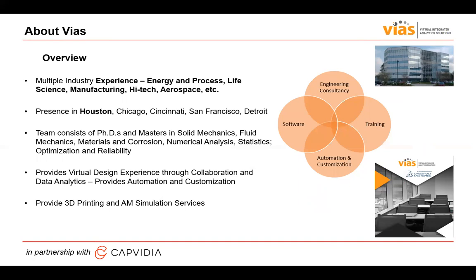We have a highly experienced team consisting of PhDs and masters in solid mechanics, fluid mechanics, materials and corrosion, numerical analysis, statistics, optimization, and reliability. We provide virtual design experience through collaboration and data analytics. We also provide automation and customization. We also provide 3D printing and additive manufacturing simulation services.